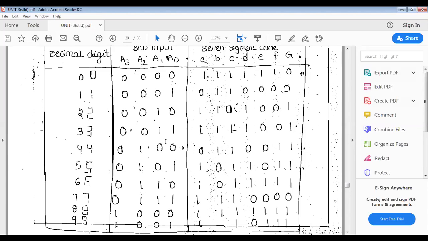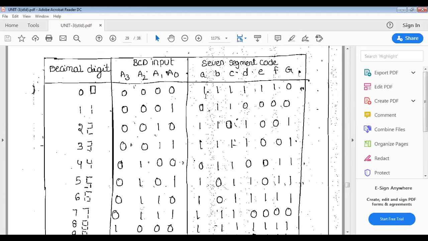See, in the 7-segment output code here, it is all high for A, B, C, D, E, and F, and G is 0. Means the LEDs A, B, C, D, E, F are on, and only G is 0. Means it displays the binary 0 0 0 0 as the decimal value 0.